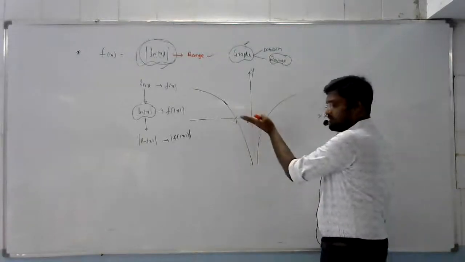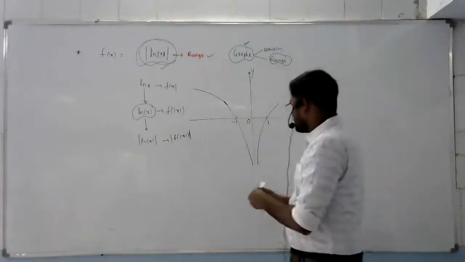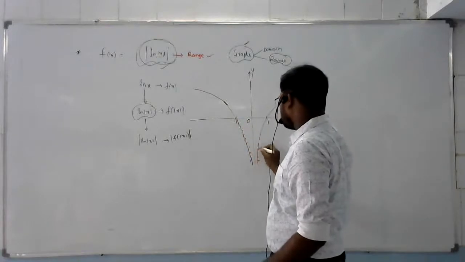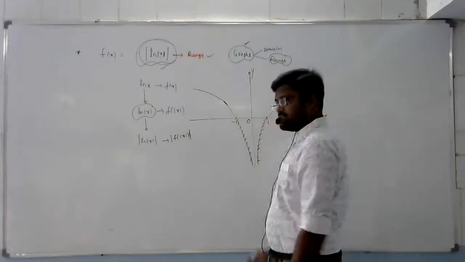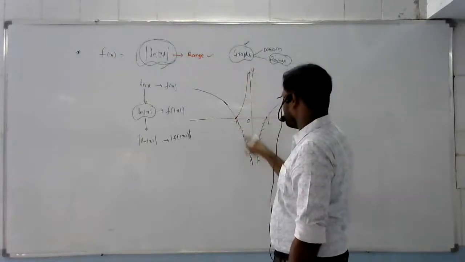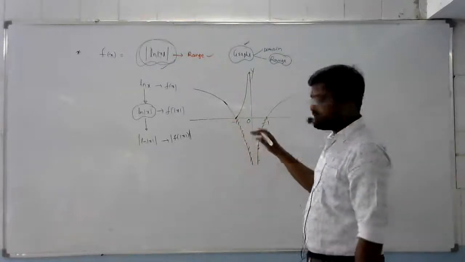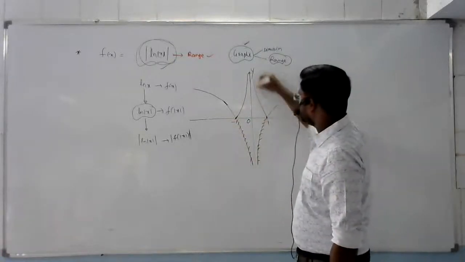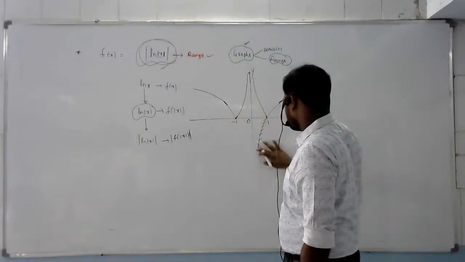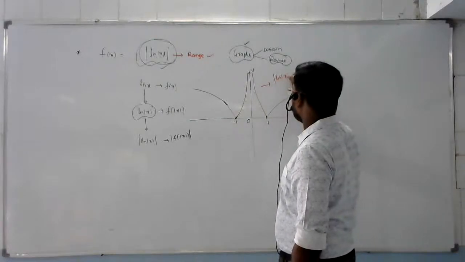You have to take the mirror image of the region lying below the x-axis with respect to the x-axis. Now I have to take the mirror image of these two parts. So this is the graph of modulus of ln mod x.